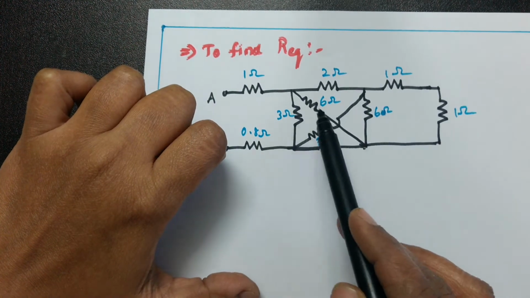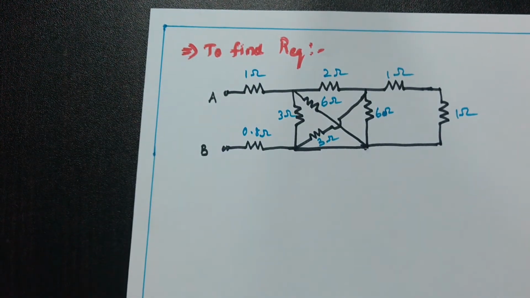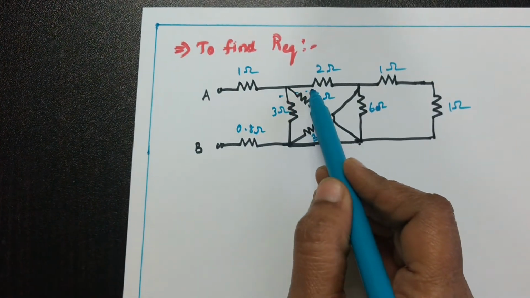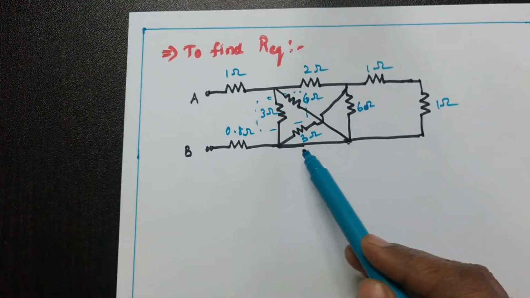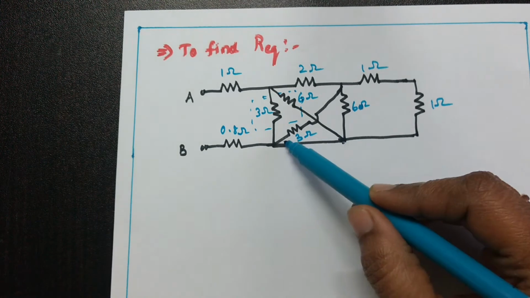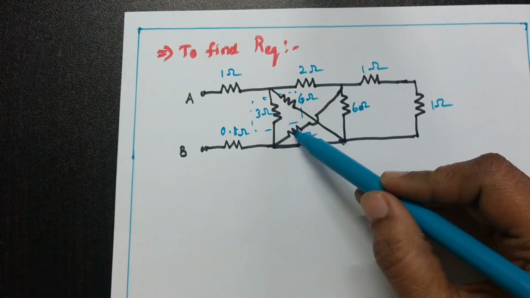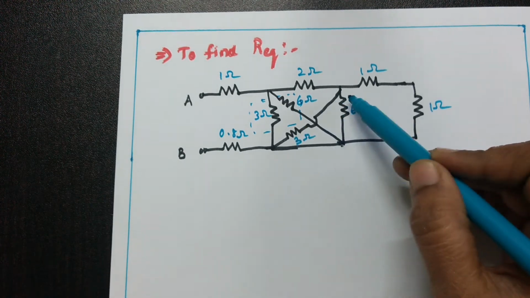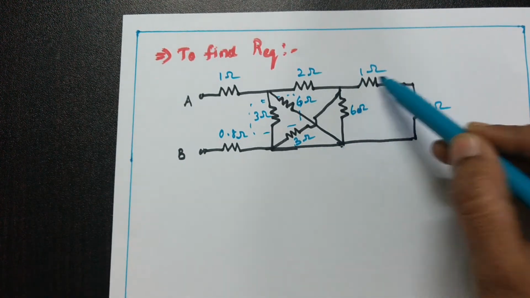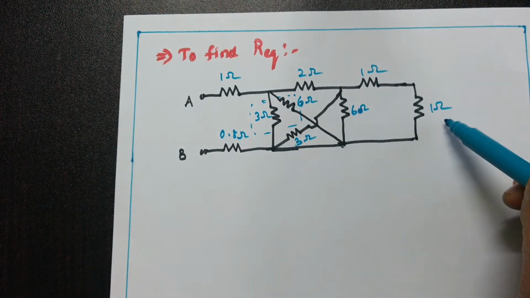So this 3 ohms and 6 ohms are in parallel. And here again, this 6 ohms and this 3 ohms are in parallel because N to N point connections are there. And this 1 ohms and this 1 ohms are in series.